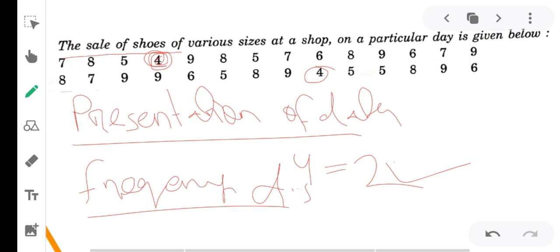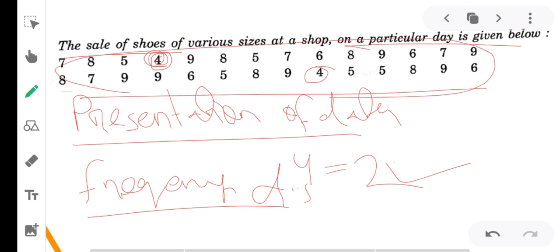The sale of shoes of various sizes on a particular day is given. So this is the data. This data is known as what? Raw data, because the data is in original form.